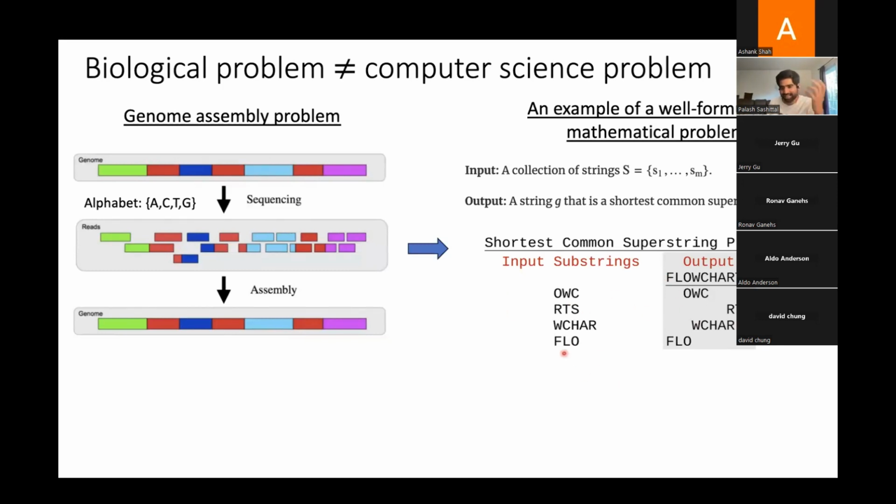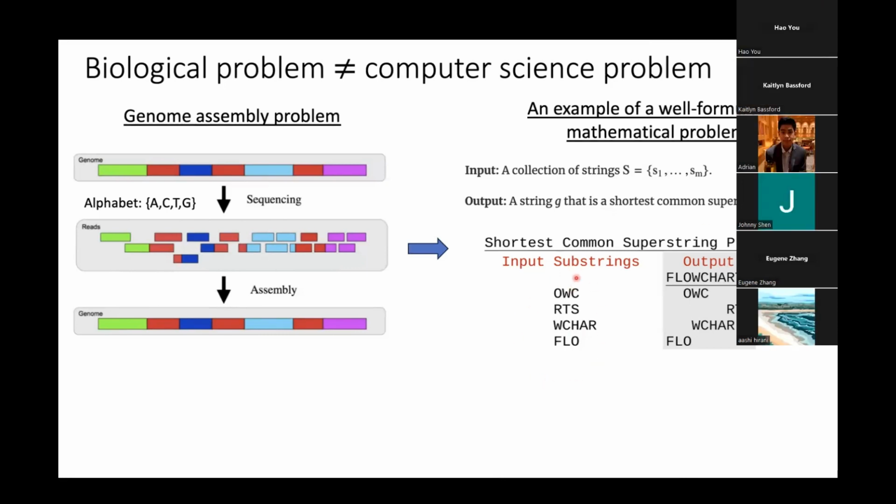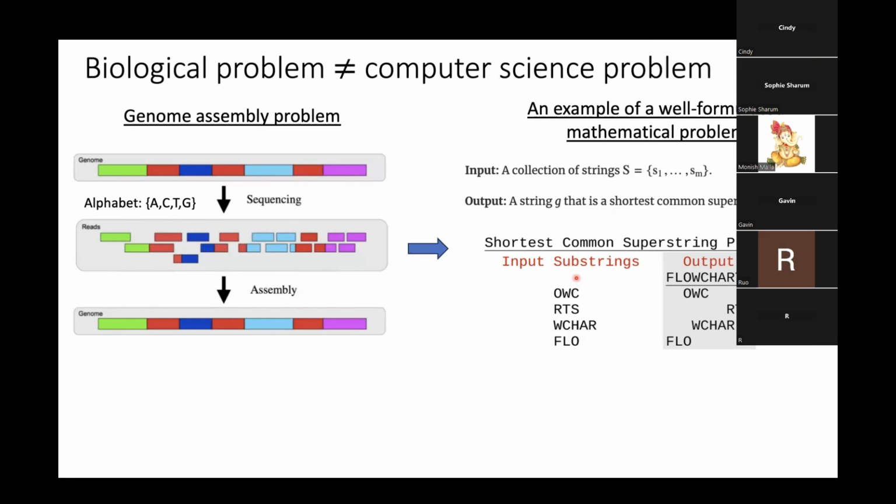But that's not a meaningful solution because, first of all, you can do it in many different ways, right? And also, you would expect that you should have some kind of objective function in your problem statement. So in this case, for example, we are making an assumption that the shortest superstring that has all of these substrings is the most likely solution, or the most likely word from which these letters originated.